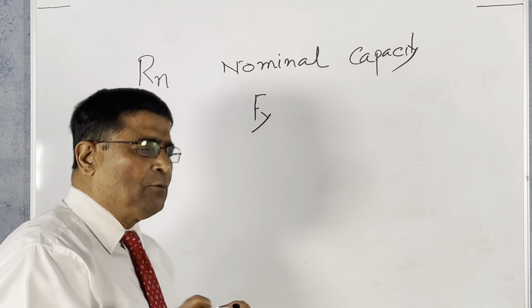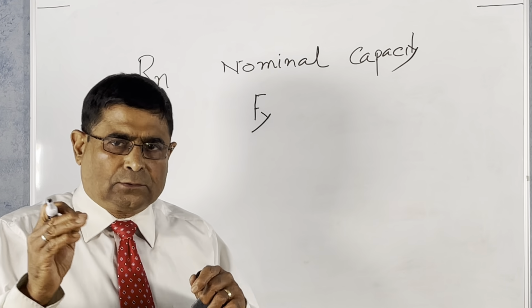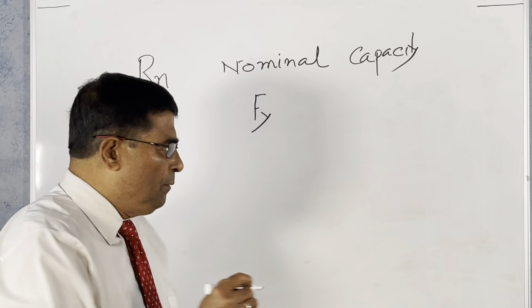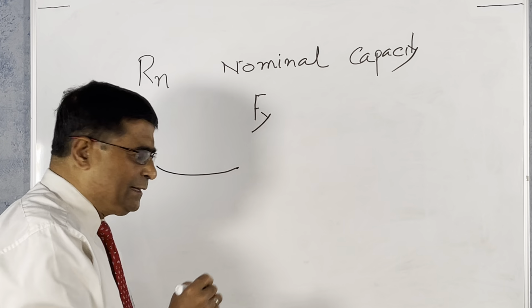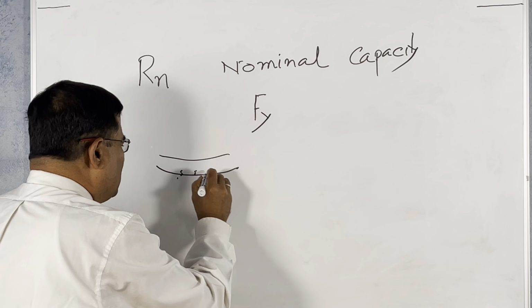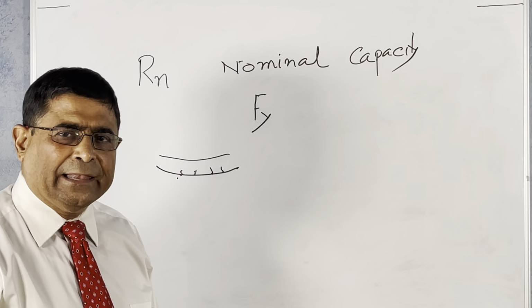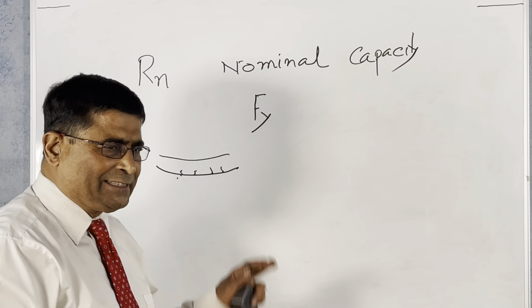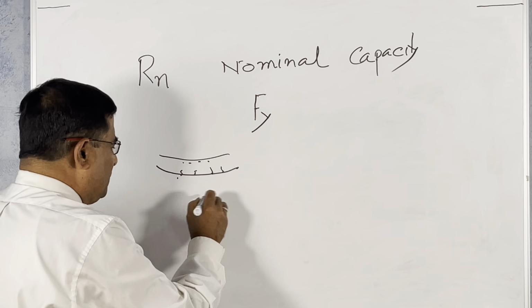Yielding means, you probably know, when the steel yields, you can see a little bit of yielding, a little bit of bending, and there will be a little cracking. So then you know that the beam is failing. It will give you time to escape. But if the concrete fails, it's a brittle failure.